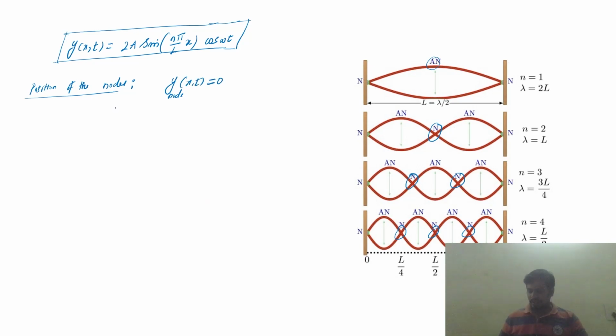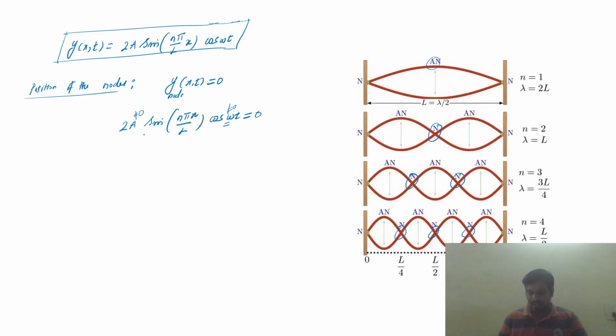So now we are going to look at the node positions. 2a sin of n pi x by L, times cos of omega t. This is the amplitude with angular frequency omega. This cannot be equal to 0, because there is a wave that oscillates with the frequency, so the amplitude can't be 0.